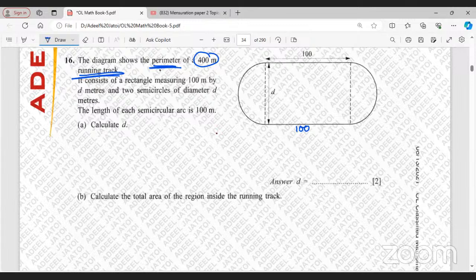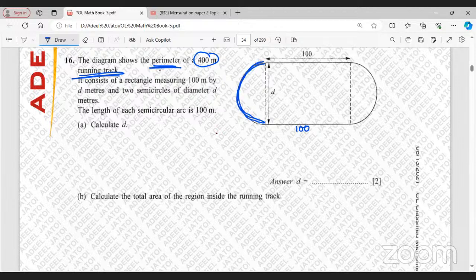So what we need to understand is what will be the value if the question clearly says the two semicircles have diameter d meters. The length of each semicircle arc is 100 meters, right?